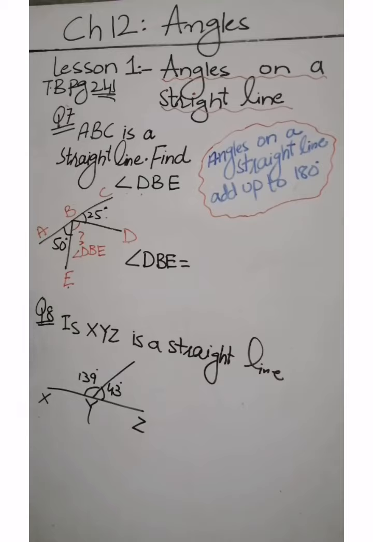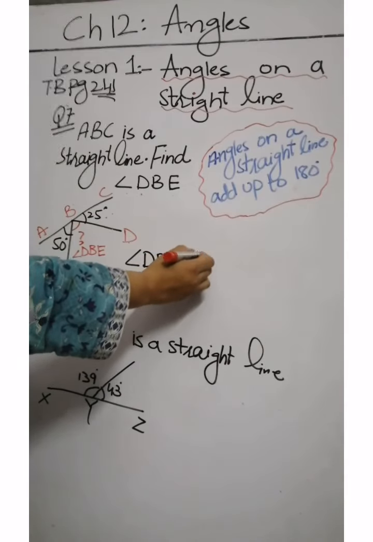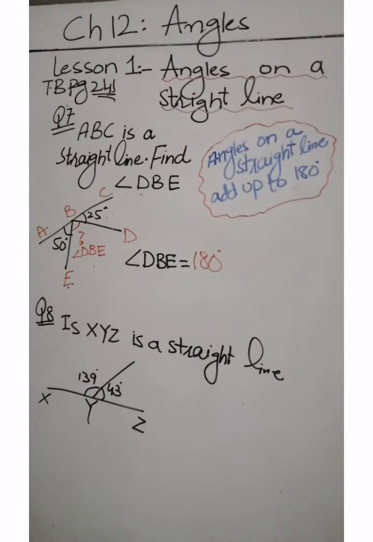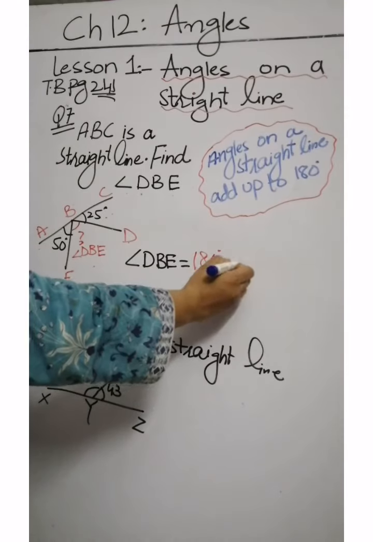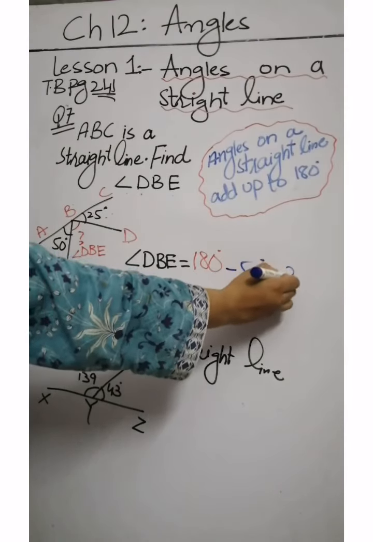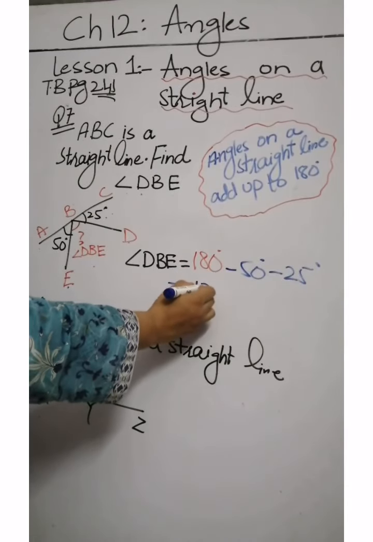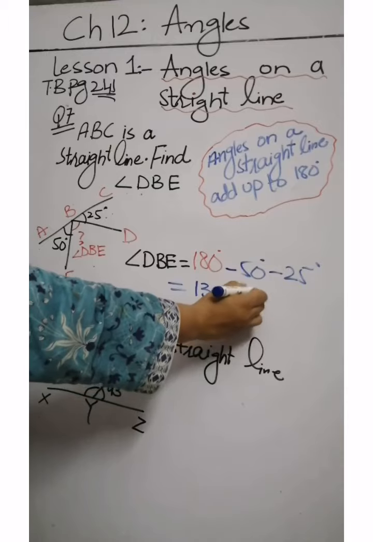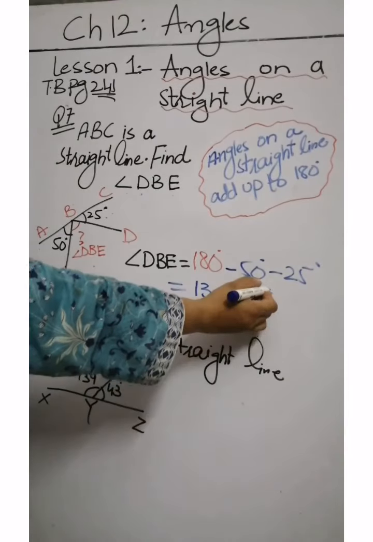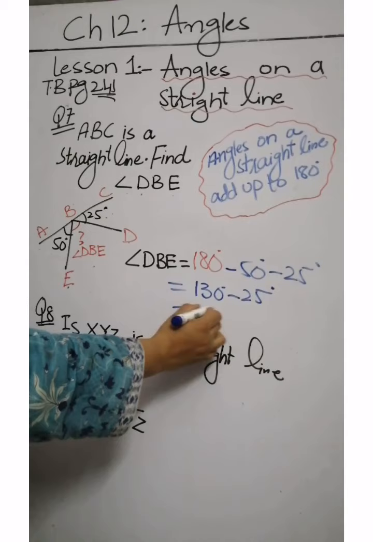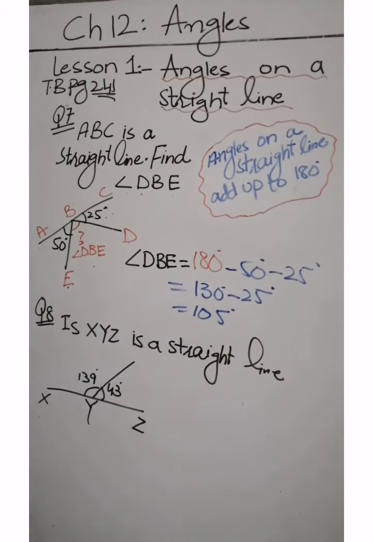So if I want to find one angle of the three, I subtract the other two angles from 180 degrees. So 180 minus 50 minus 25. 180 minus 50 is 130, and 130 minus 25, I get 105 degrees.